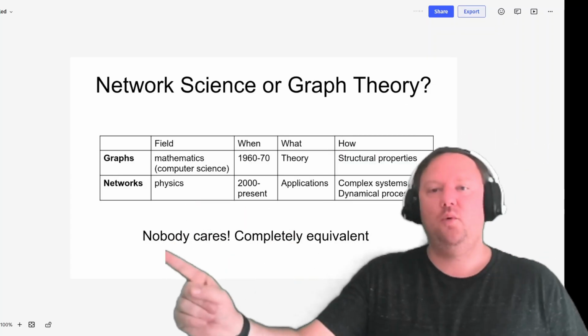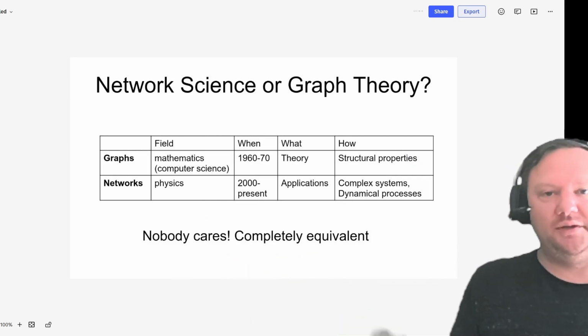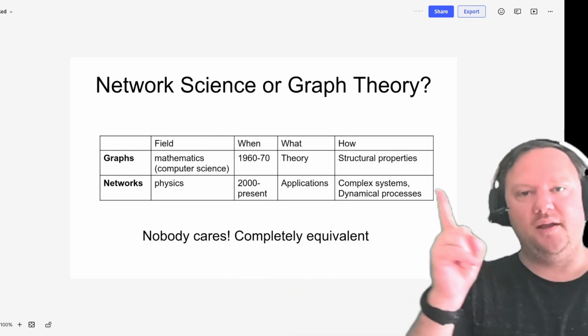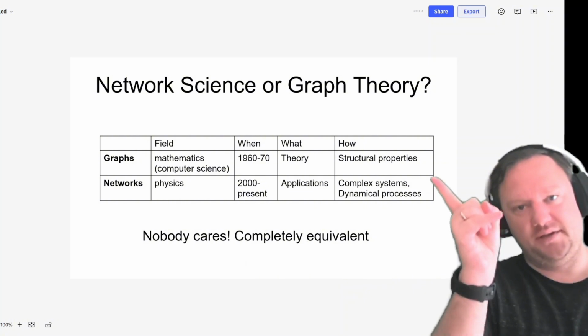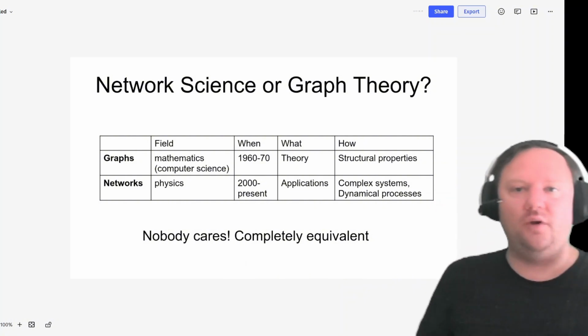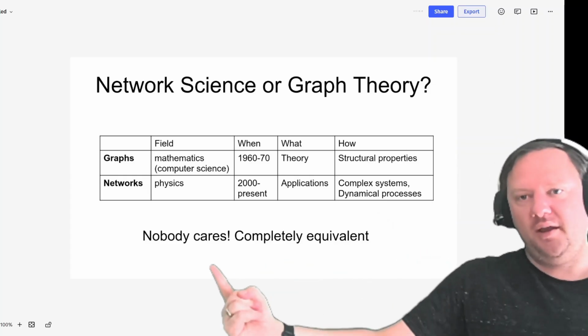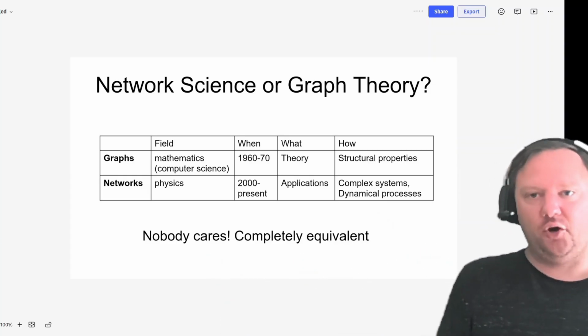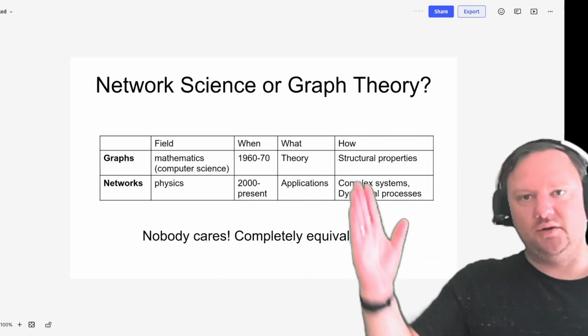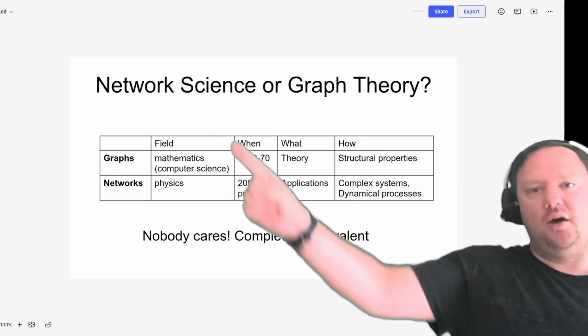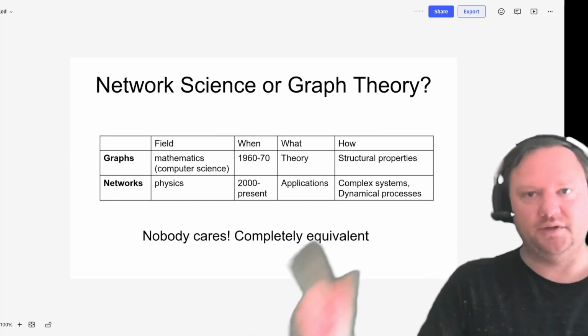But anyway, the point that seems to be made in these lecture notes is that, well, it doesn't really matter, right? I mean, we can have a particular kind of application in mind or not. We can be worried about dynamical processes or not. But really, there's no sharp line between the subjects, so it's not really important whether we think we're doing network science or graph theory.